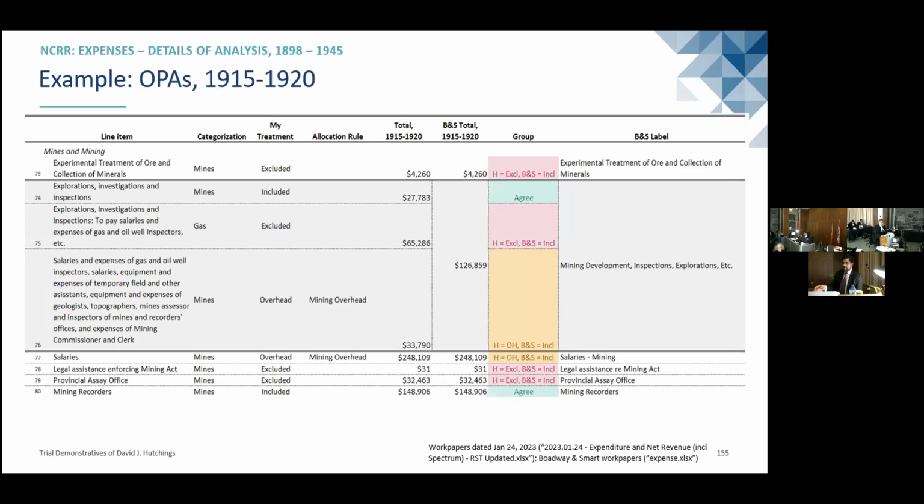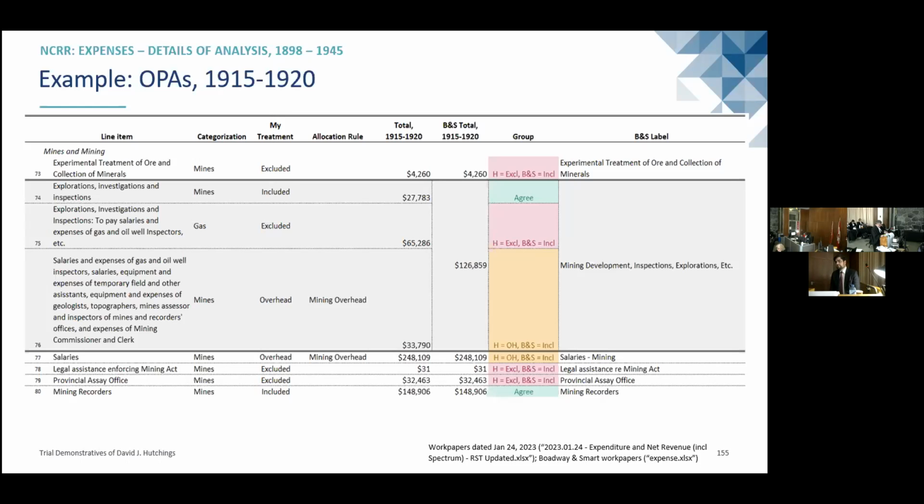And this was operated in a little bit of a fee-for-service model, so companies could pay the province to do the work. On that basis, I excluded. Do you include in the revenue from the assay office? No, sir. That's why it's an offsetting adjustment.